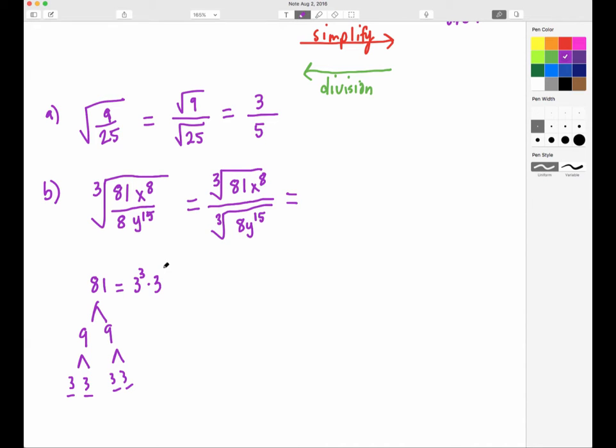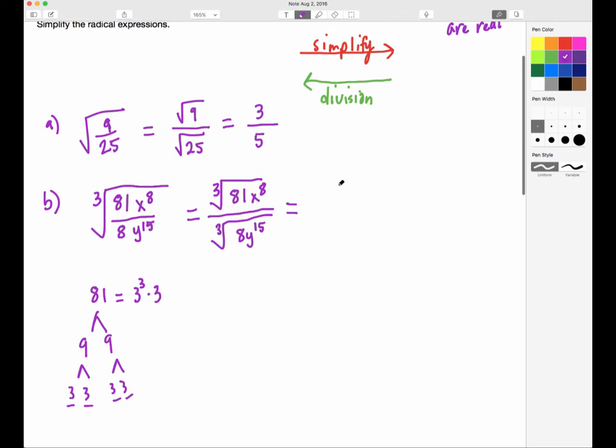So in all, we have 4 3's being multiplied. Now I intentionally grouped this as 3 and 1 because I want a power of 3 so that my cube root will cancel it out. So I will start rewriting my problem. So far I have 3 cubed times 3.